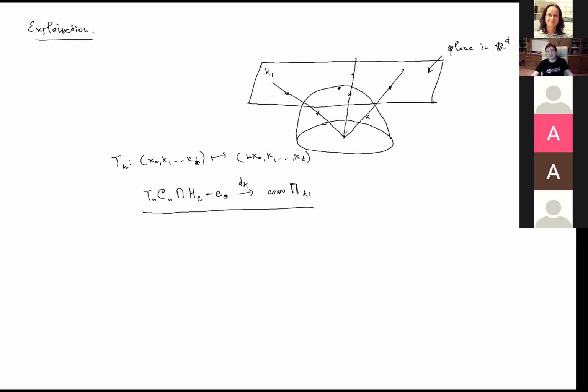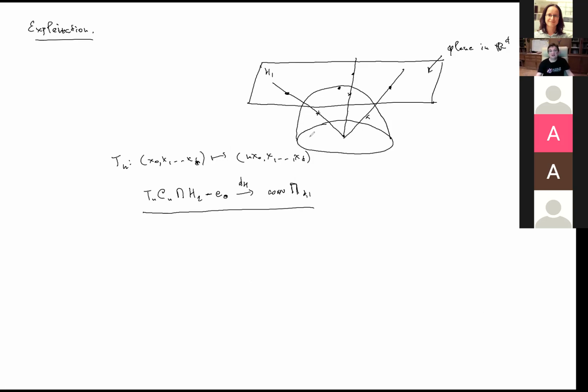So you scale, you multiply by n along this vertical axis. So your cone C_n, which was close to the half space, becomes more narrow in this direction. And it turns out that in the limit, it is non-degenerate.